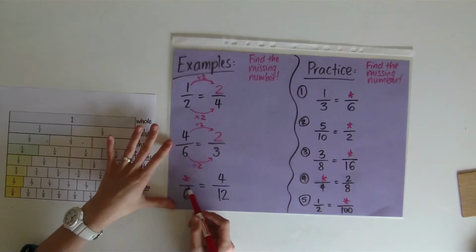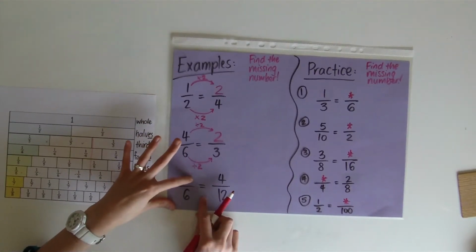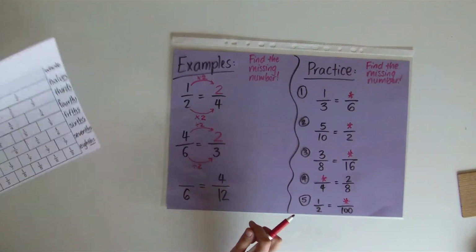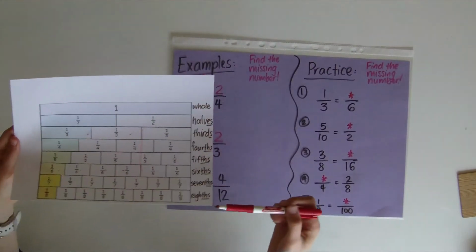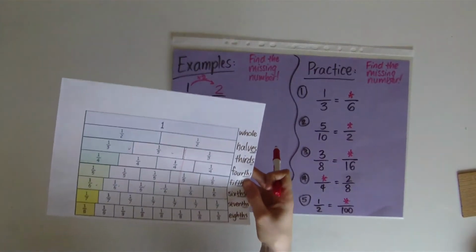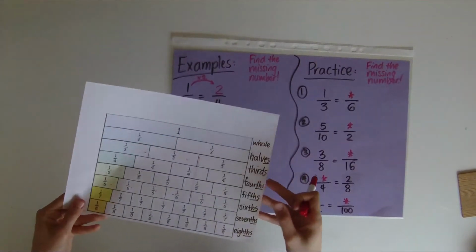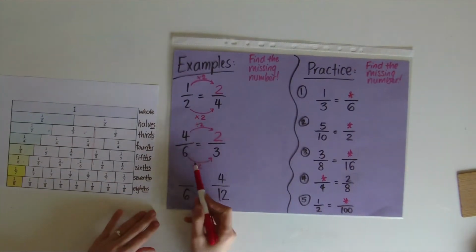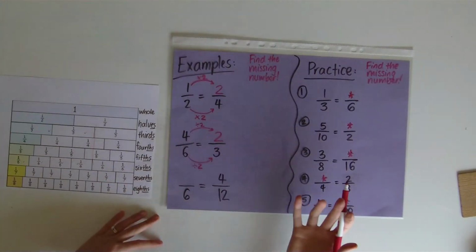And then we've got this missing number here. Something over 6 is the same as 4 over 12, or 4/12. Now, we actually haven't got 12ths on this little fraction wall here, so that becomes an issue if you're using the fraction wall. So I'm going to use this strategy of drawing an arrow and multiplying or dividing.